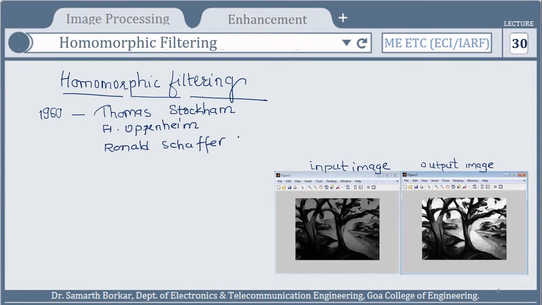In the previous lectures we have discussed at length how we can localize the low order and high frequency coefficients. So illumination and reflectance combine multiplicatively.